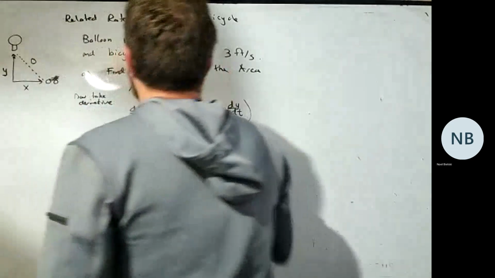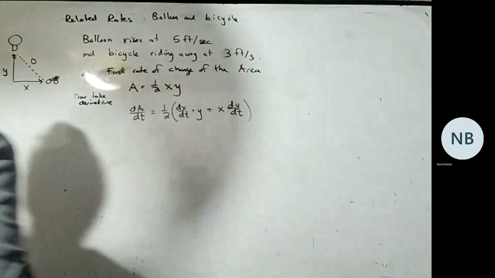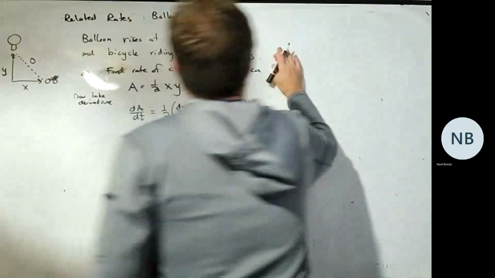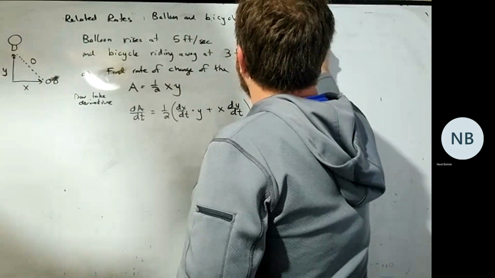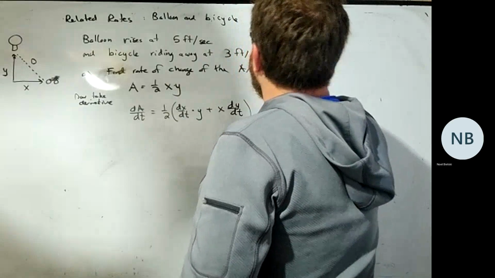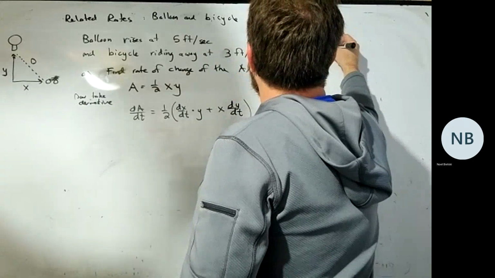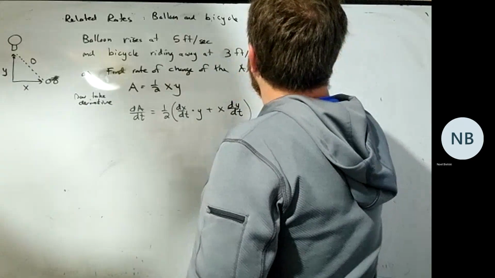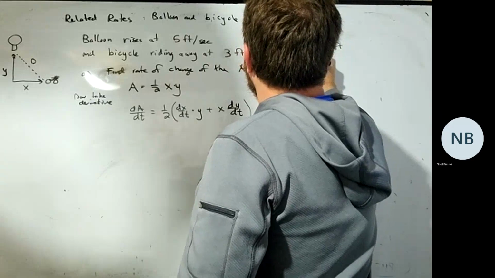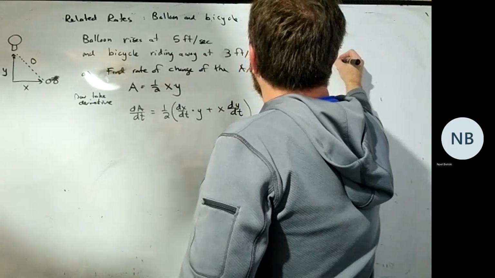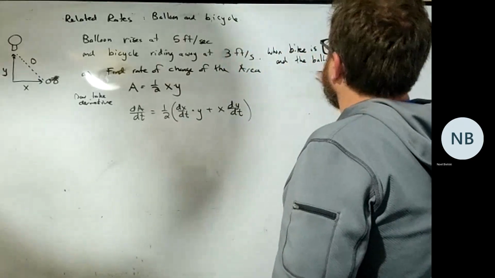So from this equation, I actually have to give us some more information because we don't have enough. So when the bike is, let's say, 30 feet and the balloon is 50 feet, say from the start.